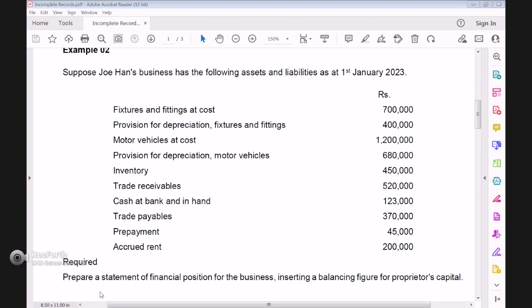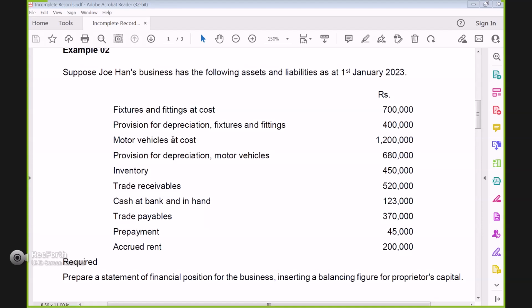There are some mistakes. Mistakenly you have taken an asset as a liability or a liability as an asset. Okay. So we will see the answer.